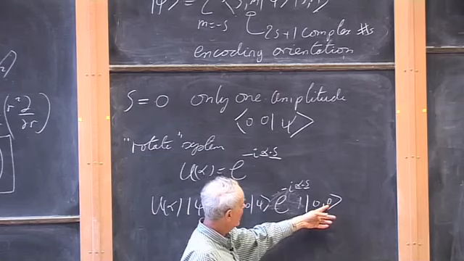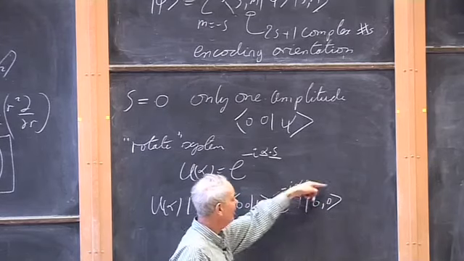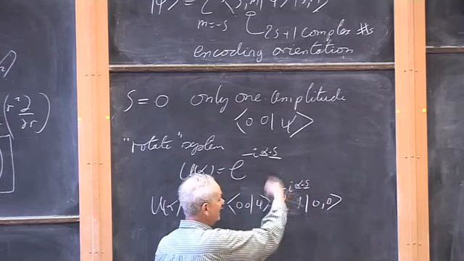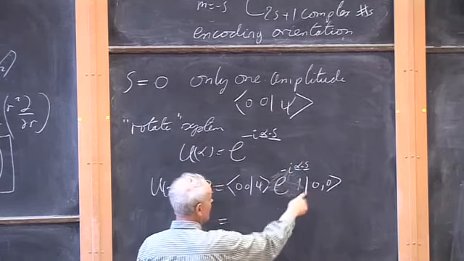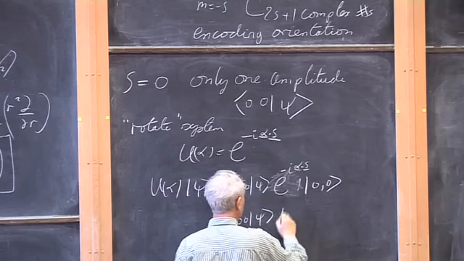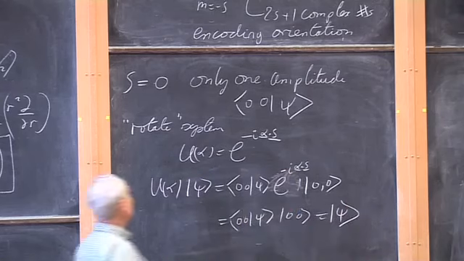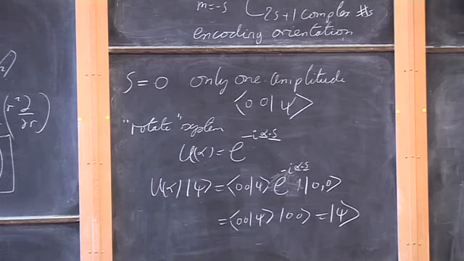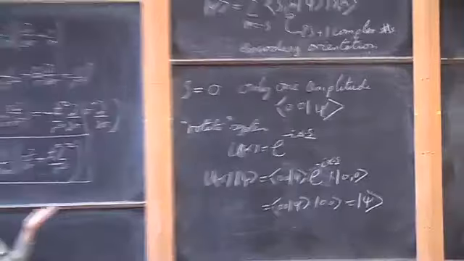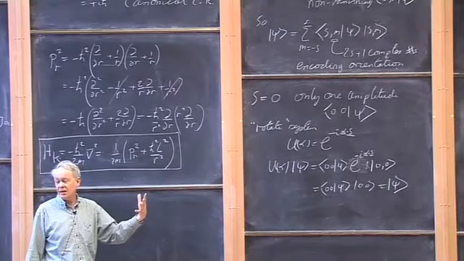So we have e to the 0, which is 1. So this goes back to itself, which is the same thing as psi. In other words, when S is 0, you can't tell the difference between the system before you rotated it and after you rotated it. It's like an absolutely immaculate and perfect sphere. If you rotate it, it stays the same.